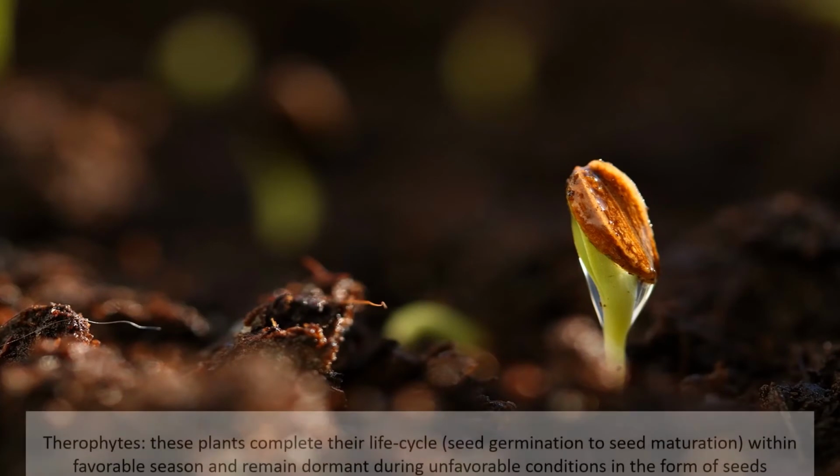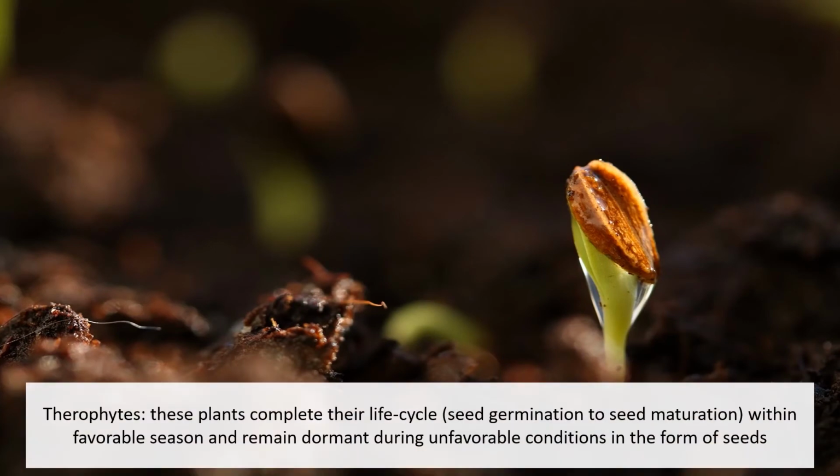Then you have the therophytes, and these plants complete their life cycle from the germination of the seed to the maturation of the seed within the favorable season, and they remain dormant during unfavorable conditions in the form of seeds.